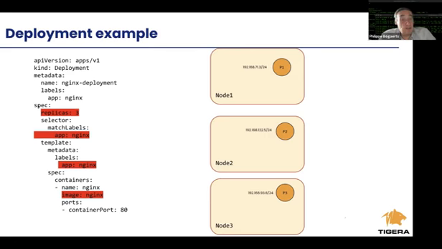I have 3 replicas. Using kubectl scale, I can increase or decrease the number of replicas. You can use auto scaling for pods, so there are plenty of reasons why the number of pods might change over time.